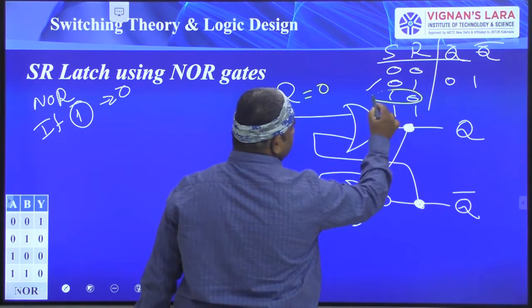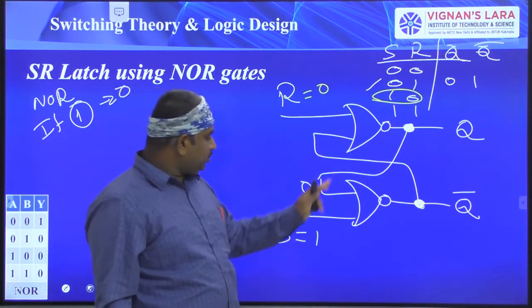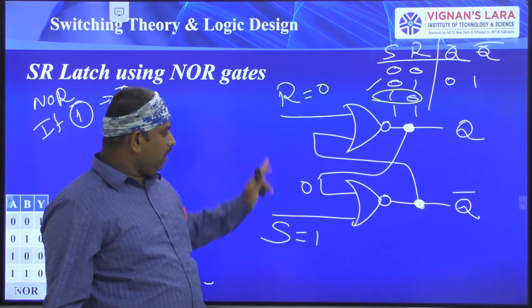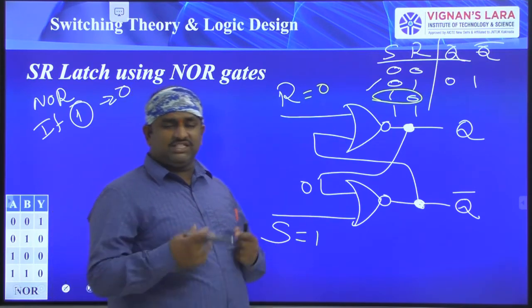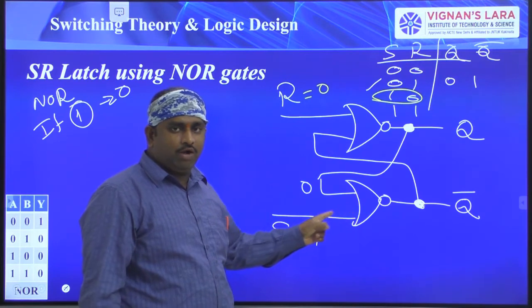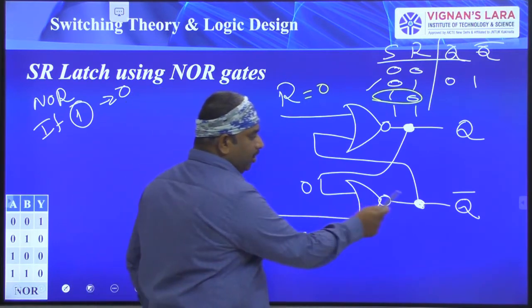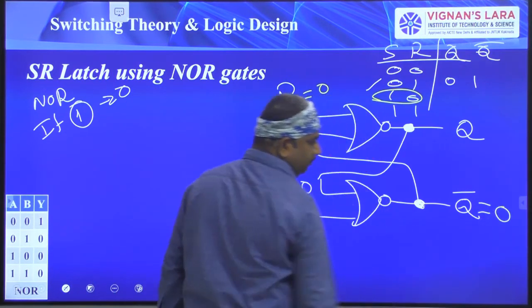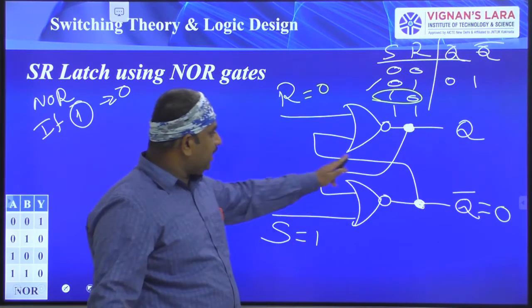This is the combination we are now concentrating on. So one of the inputs of the NOR gate is equal to 1. Automatically that NOR gate output is equal to 0. This 0 is connected to here.